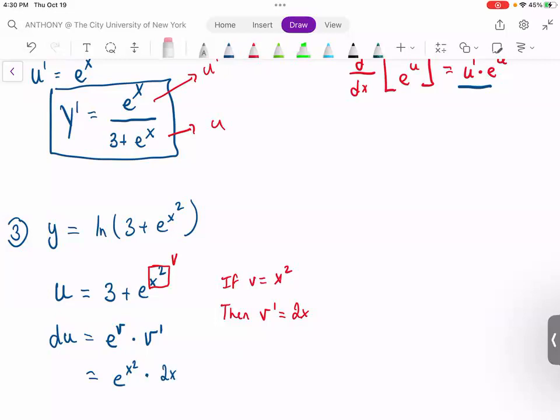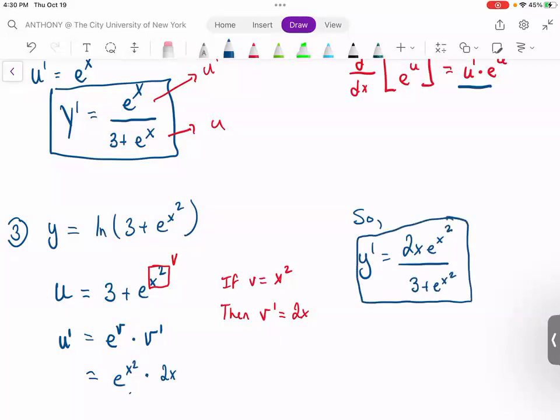Oh, by the way, I'm so sorry. du is one of the notations that we use in Calc 2, but instead I'm just going to call it u prime since you guys are beginning with derivatives here. Okay, so our final answer is that y prime is now 2x times e to the power of x squared over 3 plus e to the power of x squared. And that will be our solution.